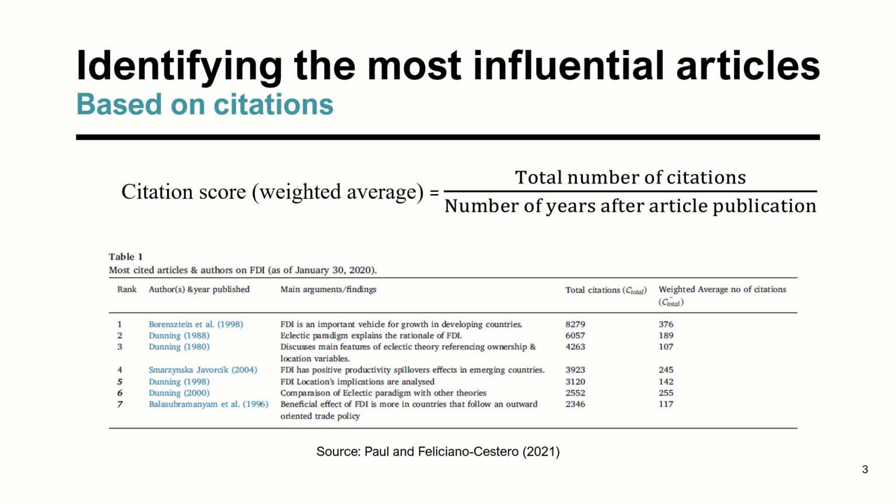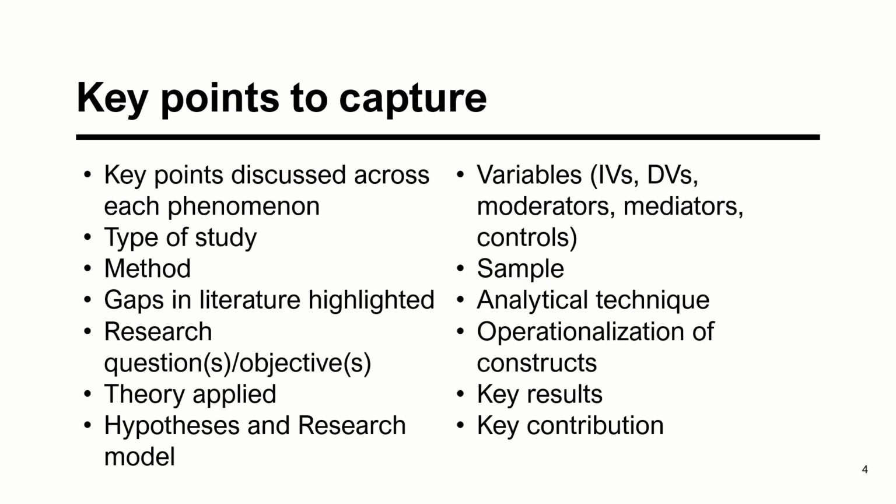This primarily helps you identify which of those articles have mostly influenced the field in the past several years as part of your review. Now, I would like you to pay some attention to what has been listed here. If you recollect in the previous session, we looked at downloading an Excel or a CSV file, a spreadsheet, which includes all the articles and their abstracts and several others.